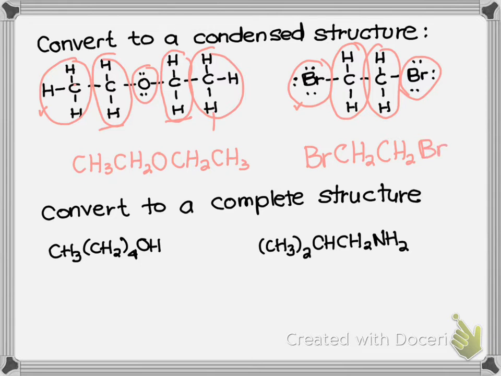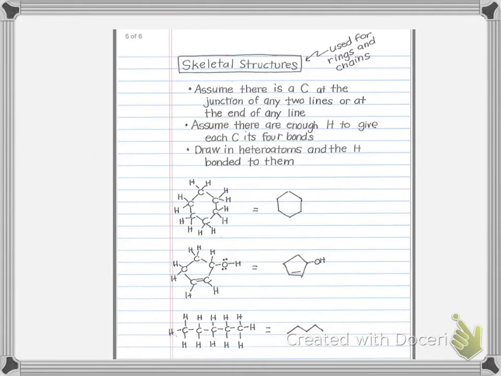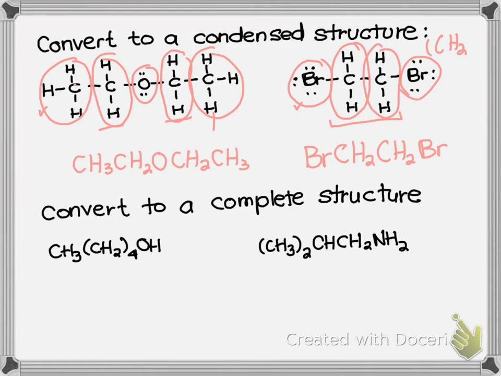Now I suppose you could super condense and put those two together, writing CH2 with a 2 there, but I'm not thinking that that would be particularly helpful in this case. The idea of condensing your structure is to make it a little more simple, a shorthand representation. So I'm not sure that that would be particularly helpful.